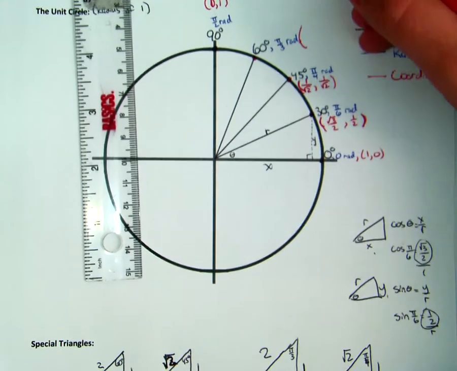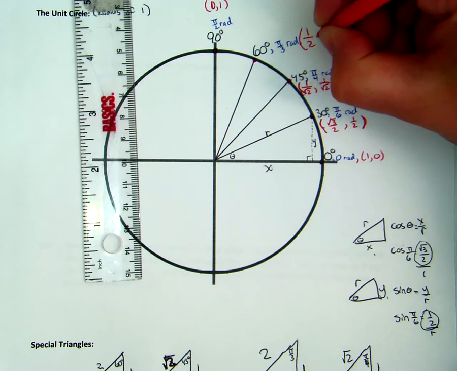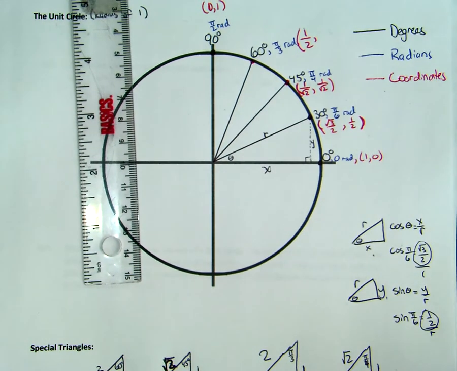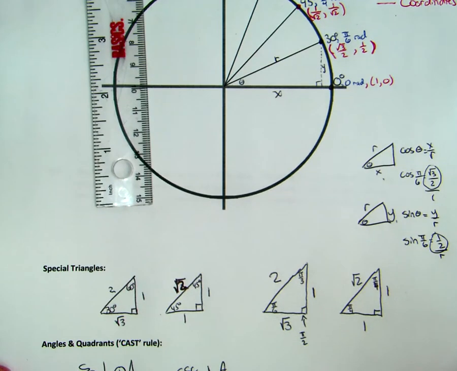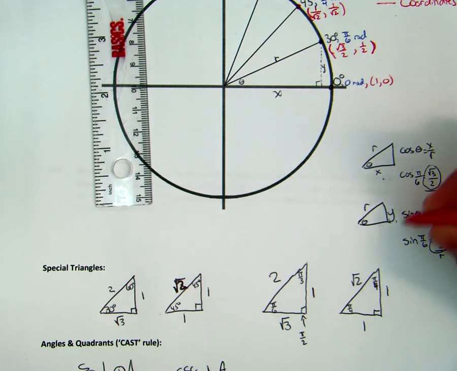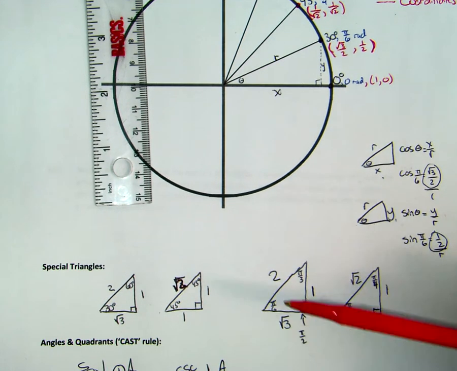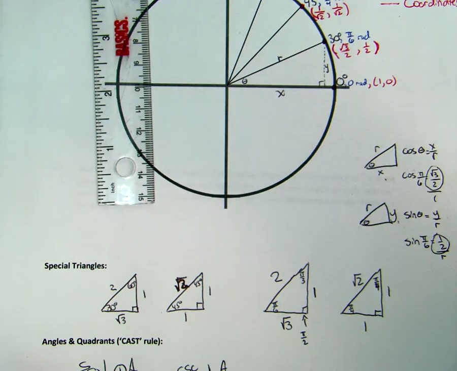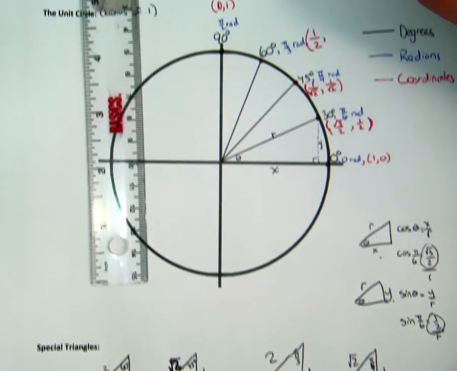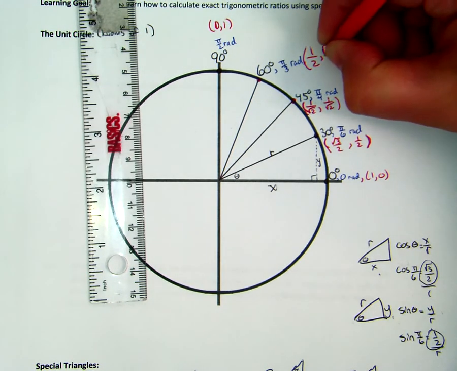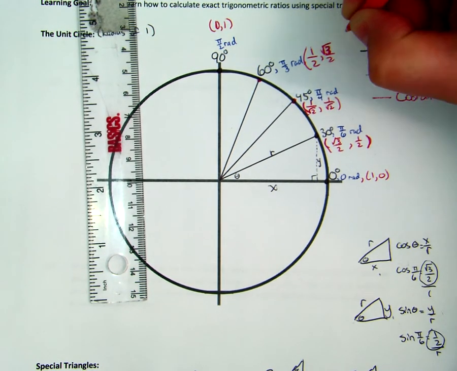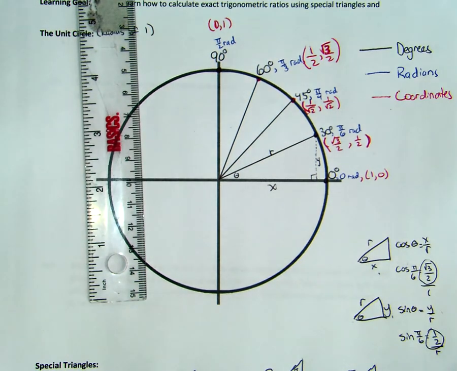For the y coordinate, you sine from down here. So I need pi over 3. Sine would be opposite over hypotenuse, so root 3 over 2. So those are my coordinates.